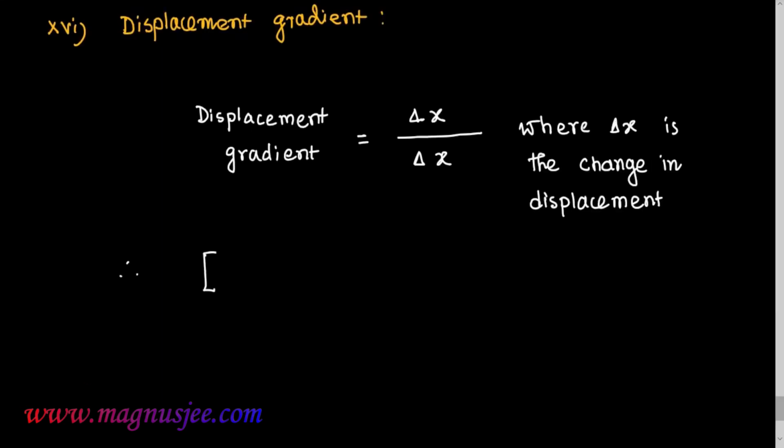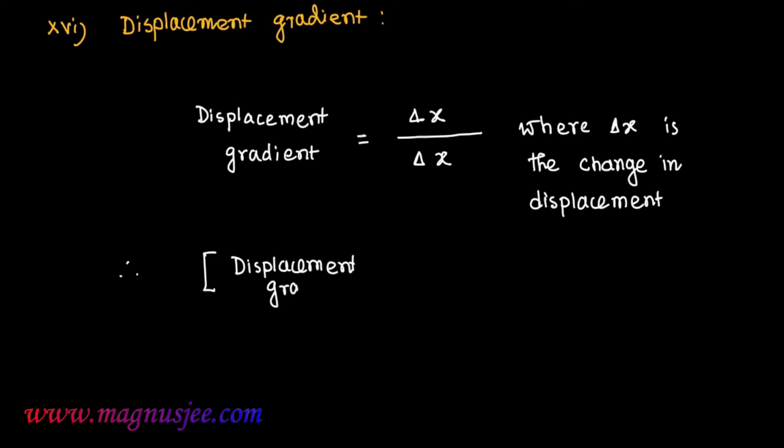Now we have to find the dimensions of displacement gradient. Dimensions of displacement gradient equal dimension of delta x divided by dimension of delta x.